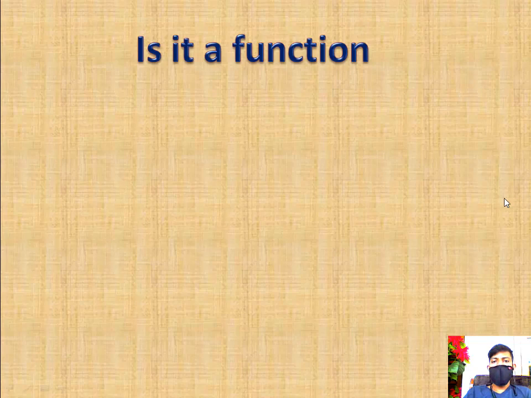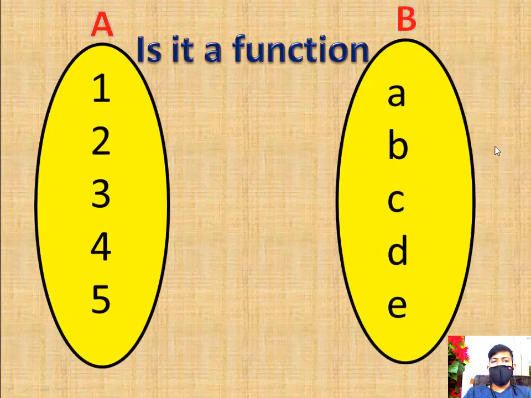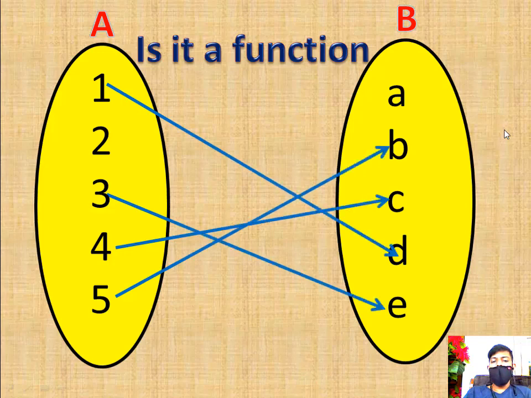Let us check the given example is a function or not. So the set A has the elements 1, 2, 3, 4, 5 and set B has the elements a, b, c, d, e, and look at the map. 1 maps to d, 3 maps to e, 4 maps to c, 5 maps to b.